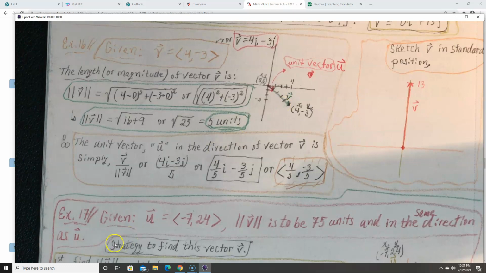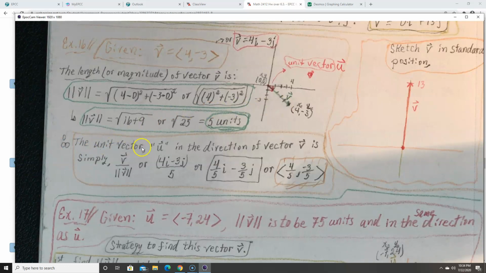Or you can say divide vector v by 5. Divide it by its magnitude. And that'll give you a unit vector that's in the same direction as the original vector v is in.